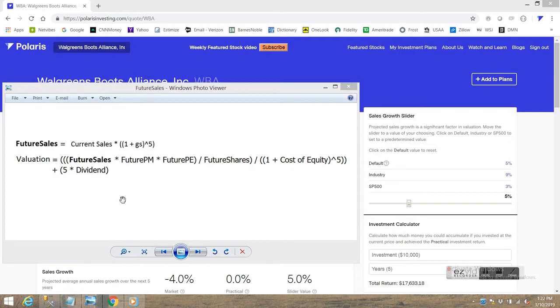You take the future sales times the future profit margin, you get future earnings, and take that times future price earnings ratio, you get future market capitalization. Divide that by anticipated future shares, and you get a price per share. Discount that back at the cost of equity, add in the dividends that are received over the 5 years, and you get a valuation.